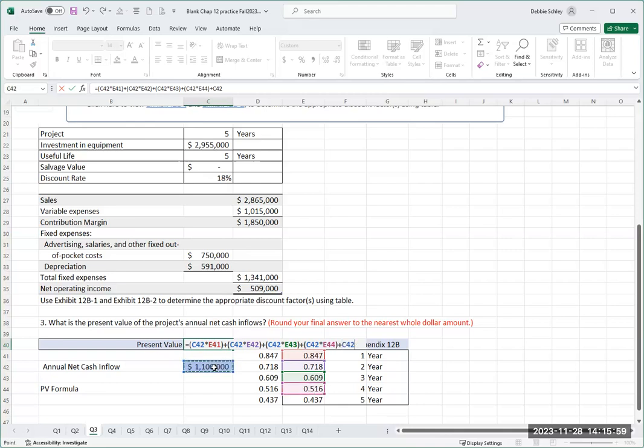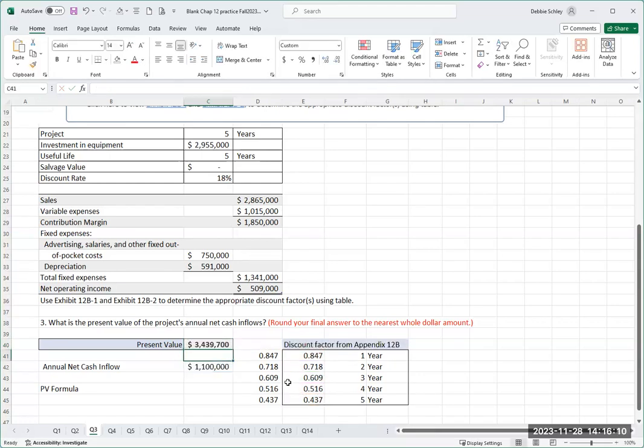Okay. So that essentially was this multiplied by each year's discount factor and then added all together.